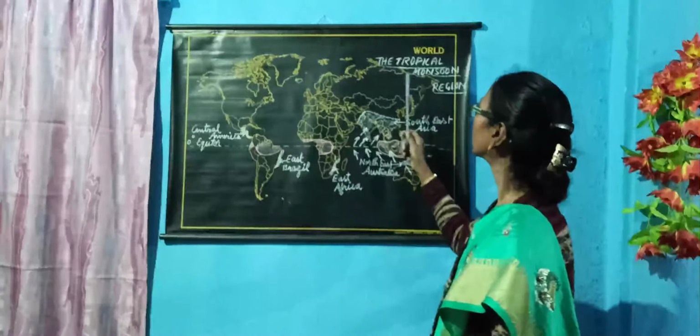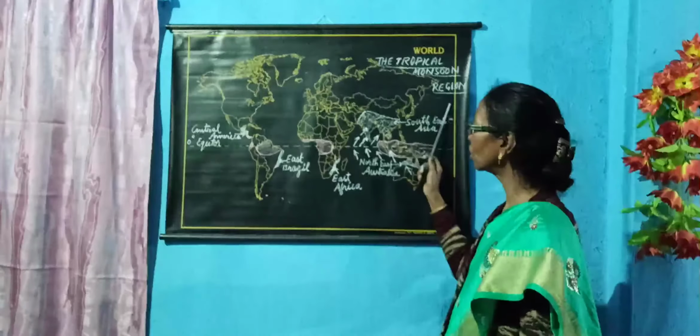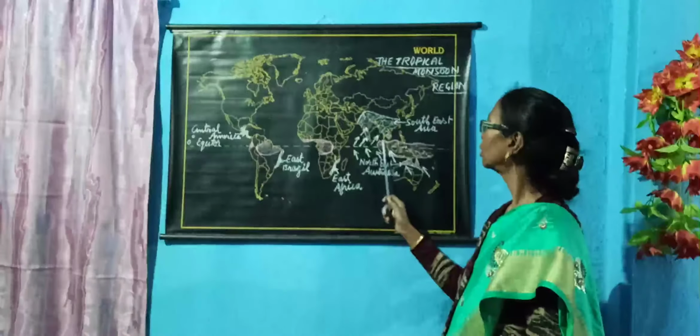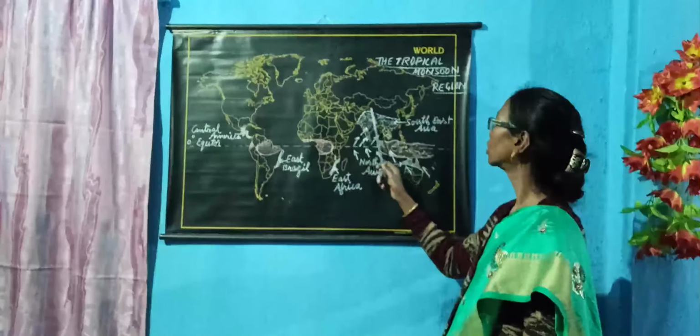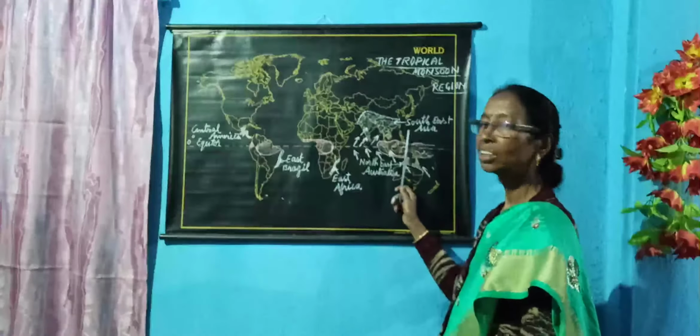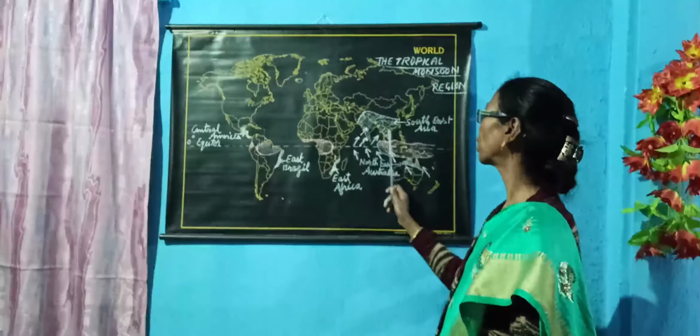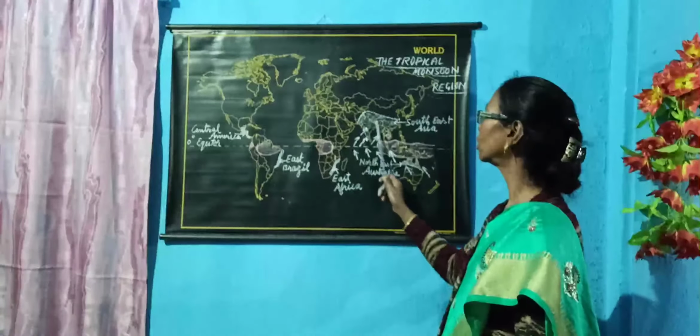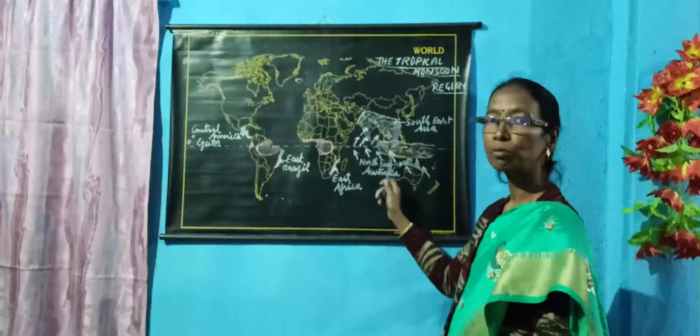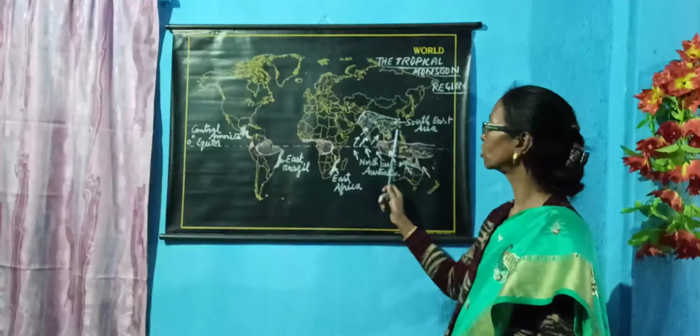If we see the tropical monsoon region in Asia, this is the region that is Southeast Asia, in which India, Pakistan, Bangladesh, Nepal and southeastern countries lie, which are mainly affected by the monsoon winds.